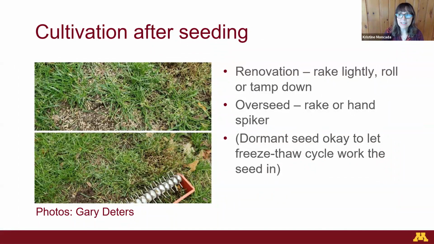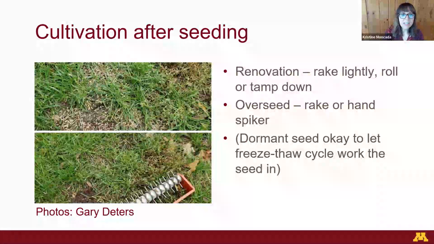For a renovation, where the soil is completely bare, you can rake lightly, and then you can roll it, and that makes the soil to seed contact really good. You can tamp it down too.